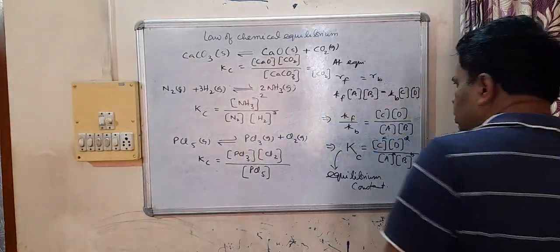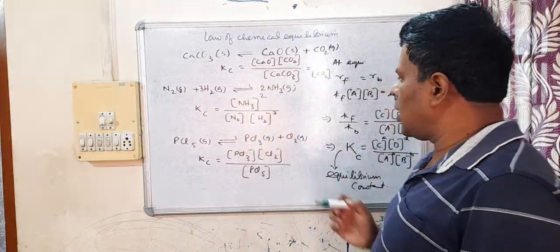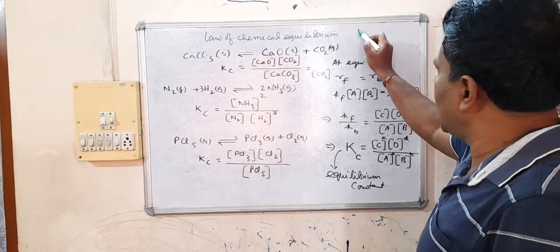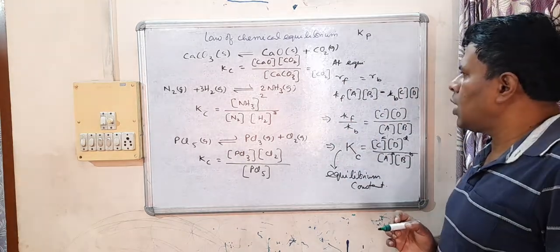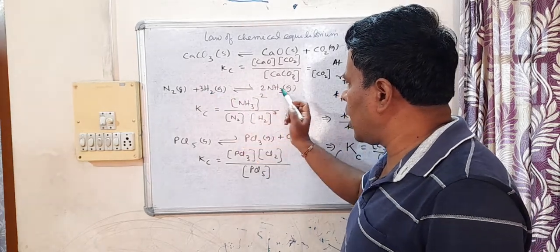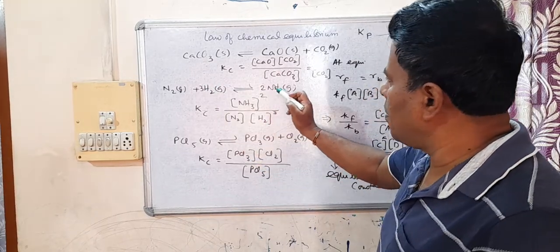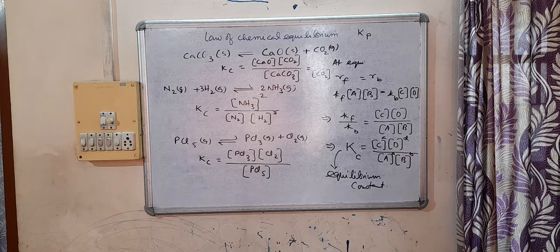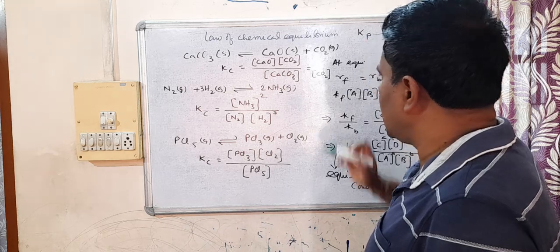Okay, now children, for gaseous components we have another type of equilibrium constant, that is Kp. If we express the concentration of reactants and products in terms of pressure, then we have this equilibrium constant Kp.